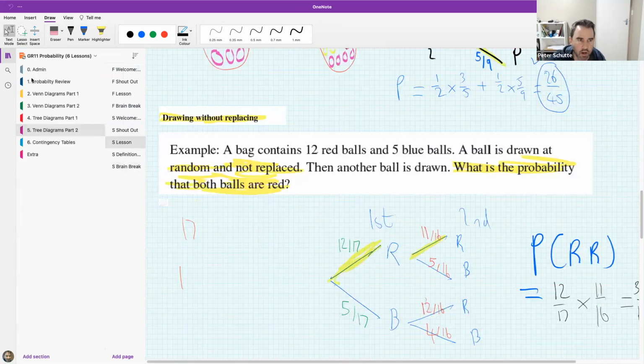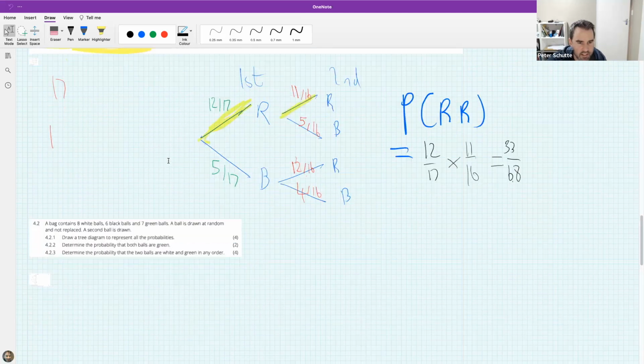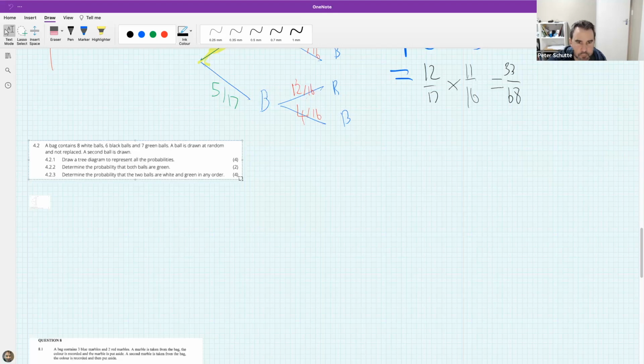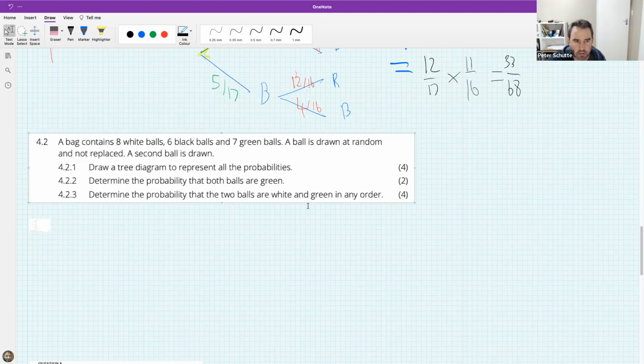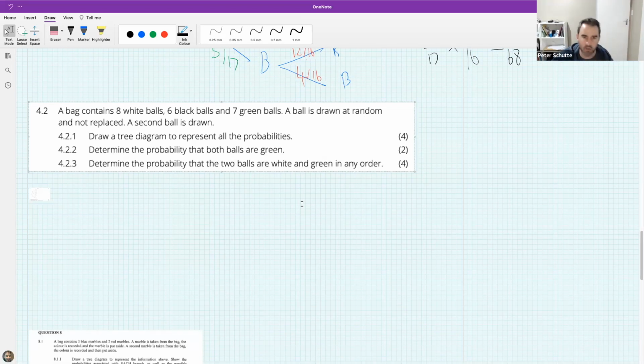But back to our tree diagrams for representing probability questions. Let's see if you can do this one. So, a little bit harder this time. Let's start with drawing a tree diagram to represent all the probabilities. So I want you to try and draw the diagram. It's got 3 parts now. And I want you to say done when you feel like you've done it. See if you can draw your own tree diagram here.